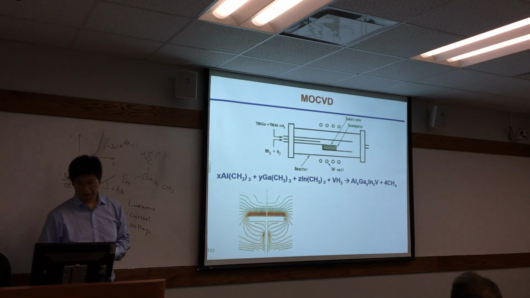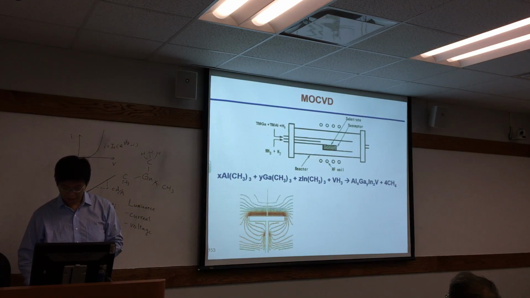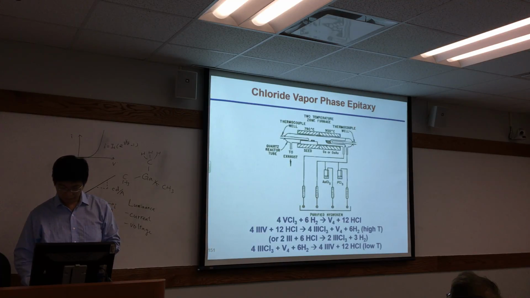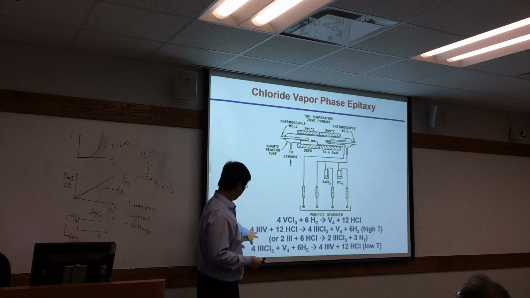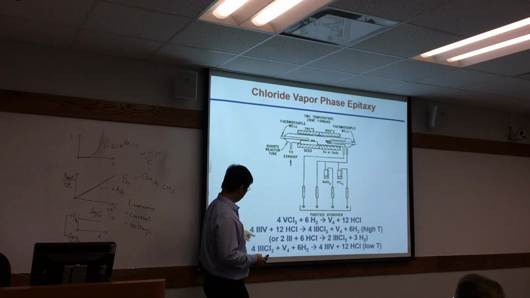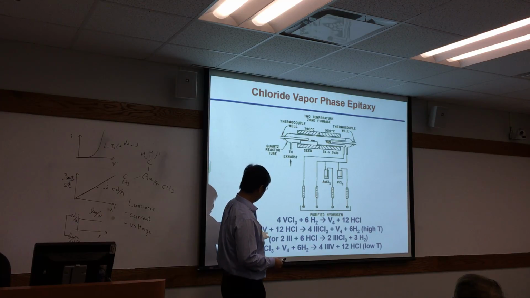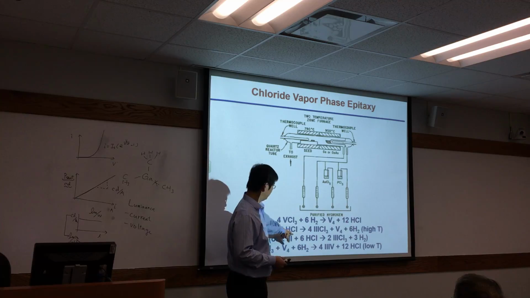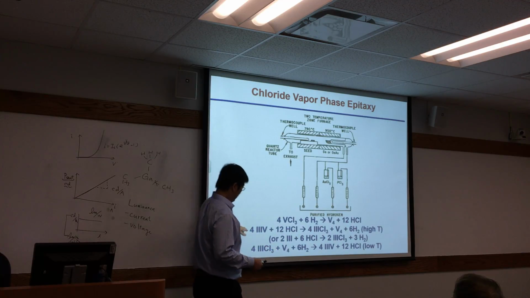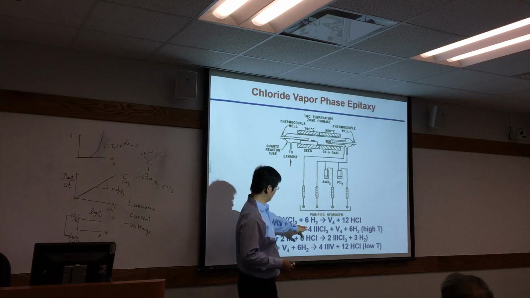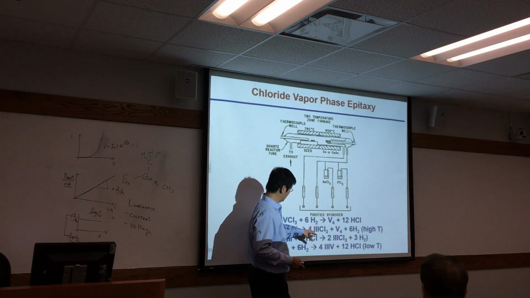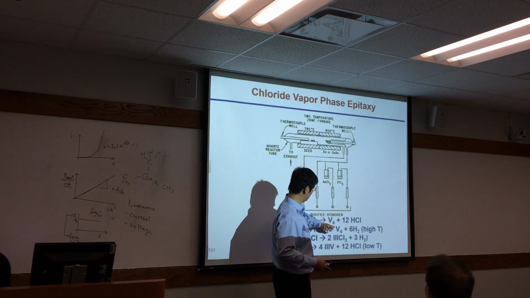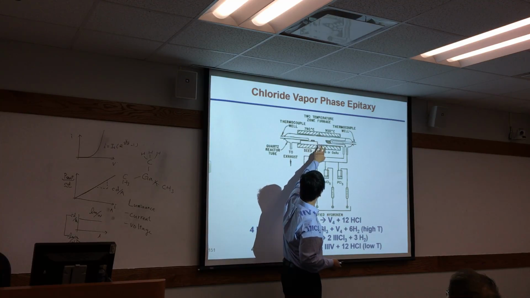Okay? So that is one of the best parts, because for example, in the chloride phase, 3 means group 3, 5 means group 5. They use, for example, 3-5 solid, and with HCl and high temperature, they can provide this group 3 source to your substrate, and your substrate is here.